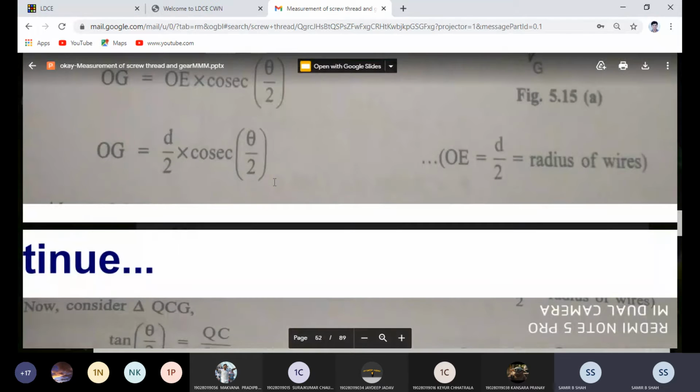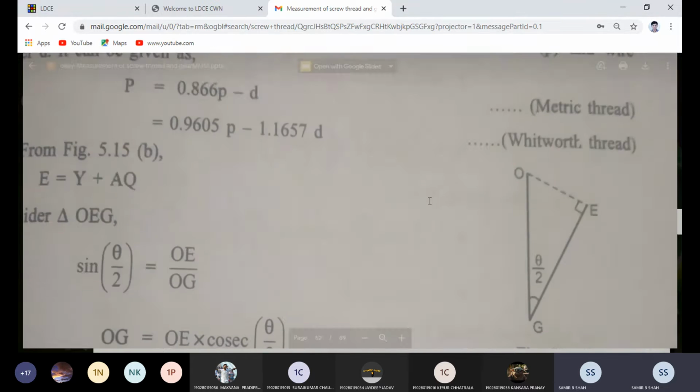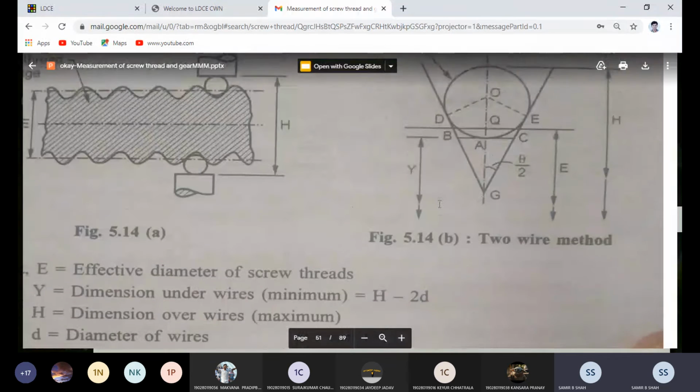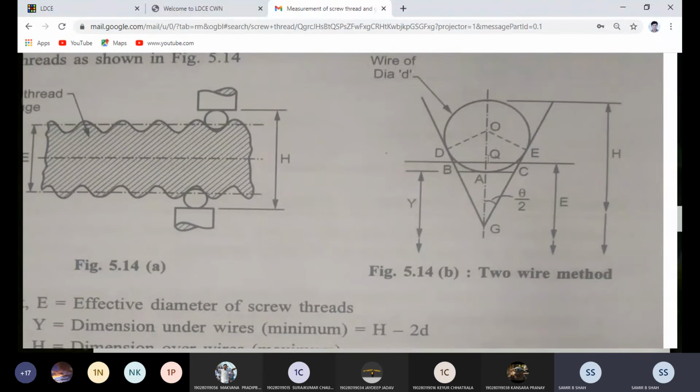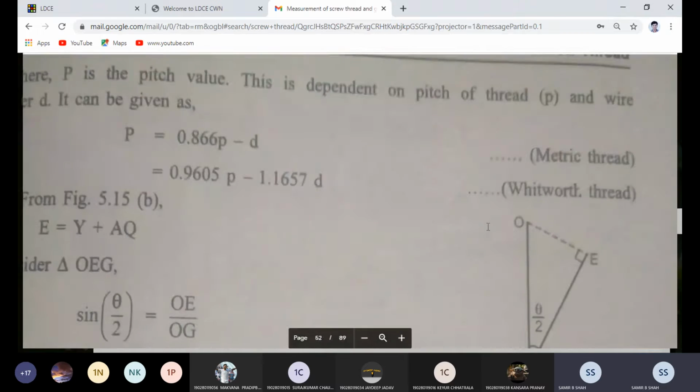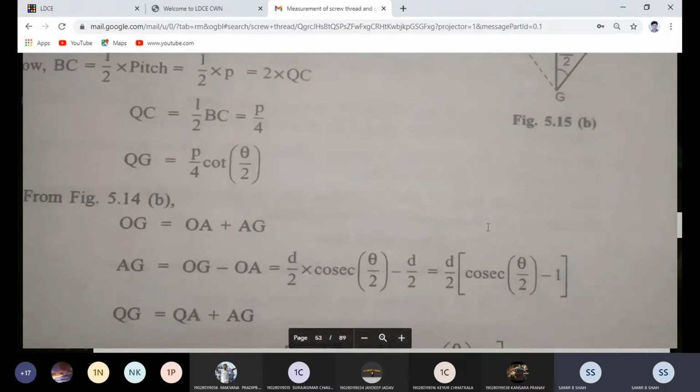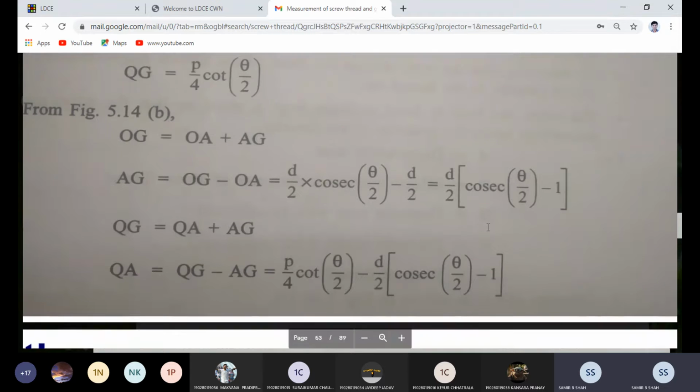Okay, QG and OG, as I showed you in the main basic figure, where OG is and where QG is in the diagram. So it is very clear in your mind now.